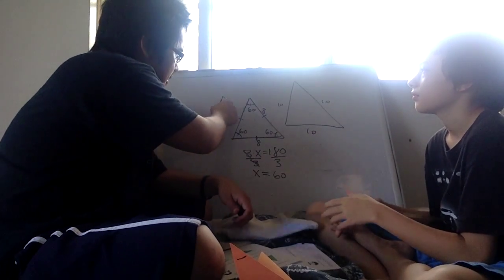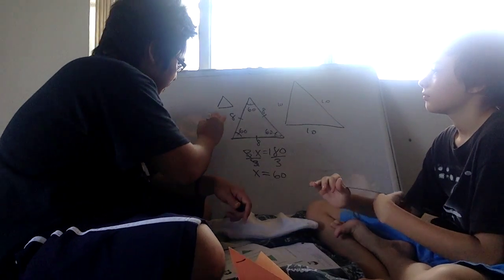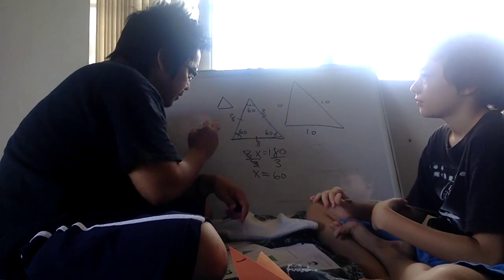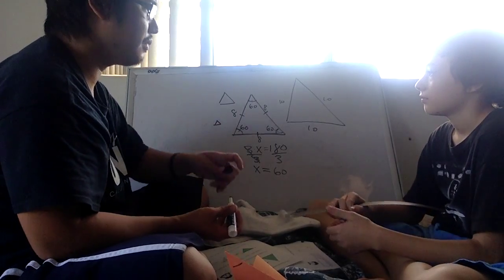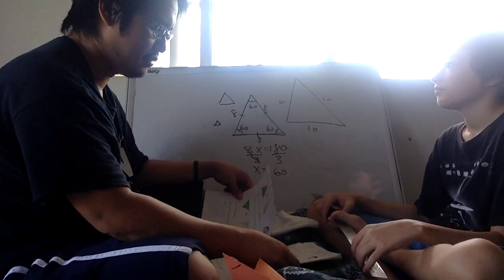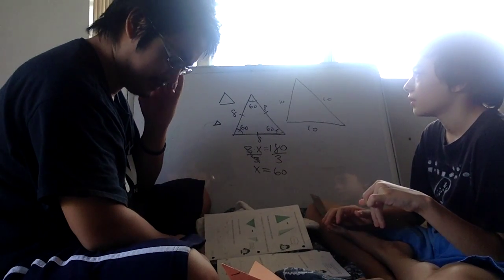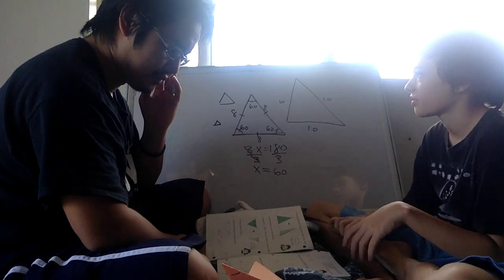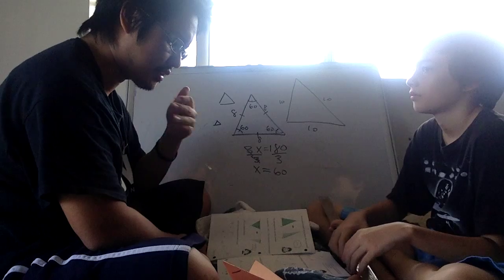Still 60. Does that make sense? What about a really small equilateral triangle? 60. Adding up all these angles inside here would be 60, as long as they tell you it's an equilateral triangle. Does that make sense? Okay, let's see. That must be some tiny protractor. Yeah, you would just have to have a tiny protractor.